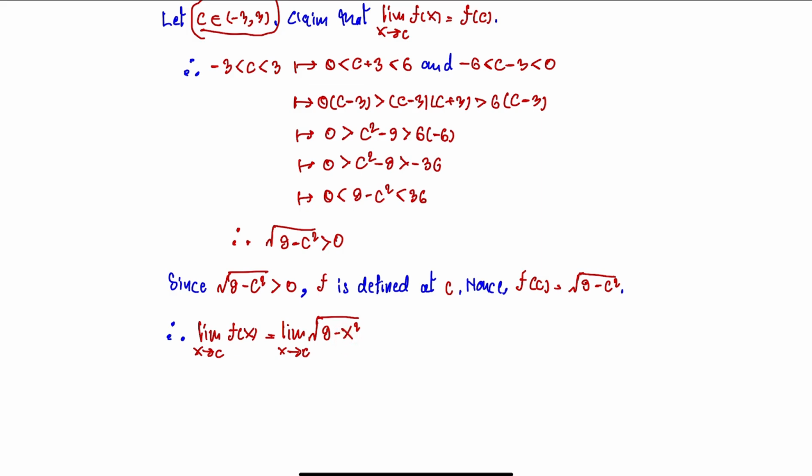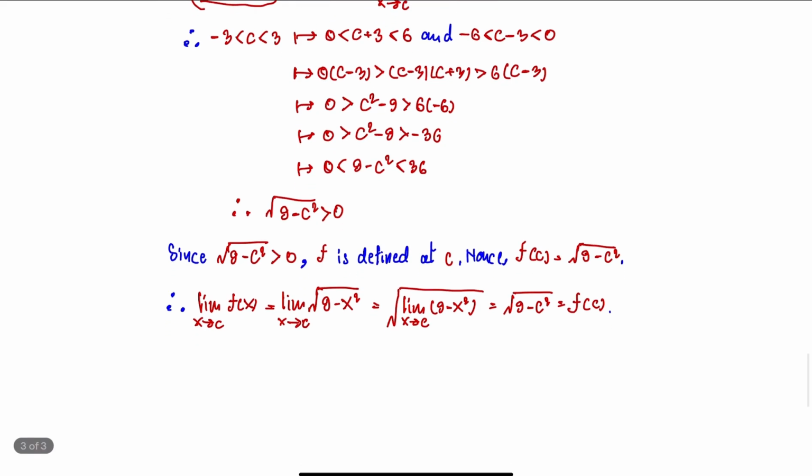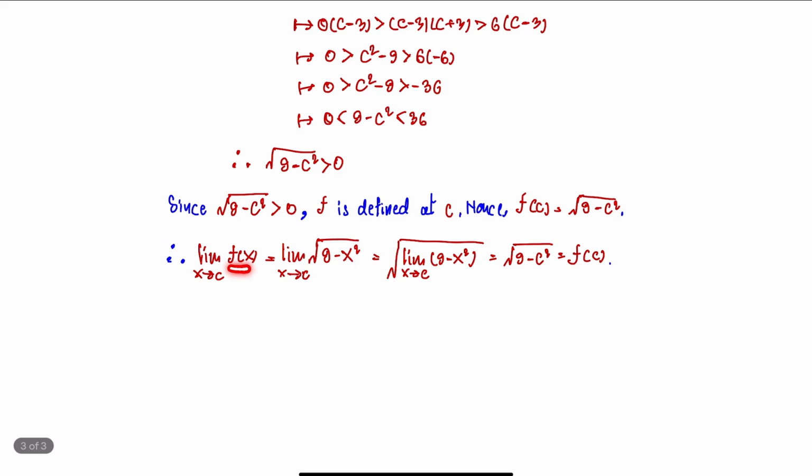So we can have the square root of the limit as x approaches c of 9 minus x squared. And it turns out to be the square root of 9 minus c squared, which is f of c. So we have shown that the limit of f of x as x approaches c equals f of c.